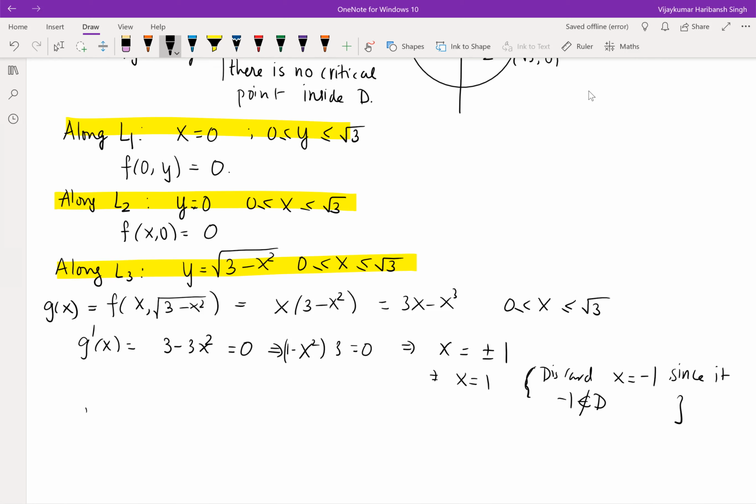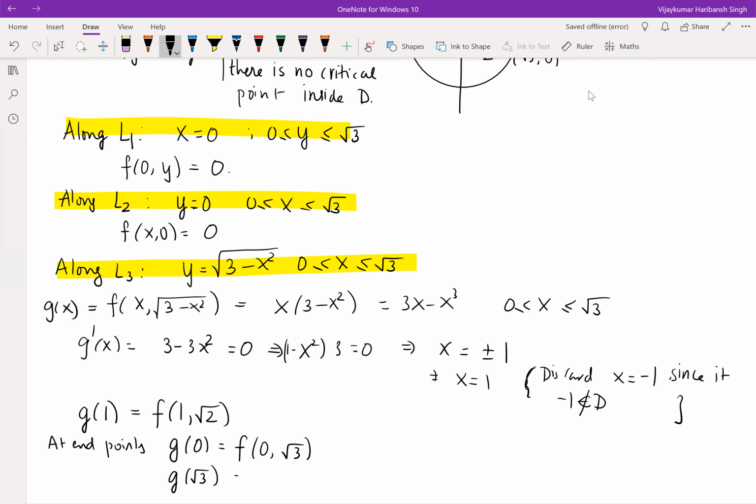What is g of 1, which is same as f of 1 square root of 2, and at endpoints g of 0, which is f of 0 square root of 3, and we have g of square root of 3, which is going to be f of square root of 3 comma 0.